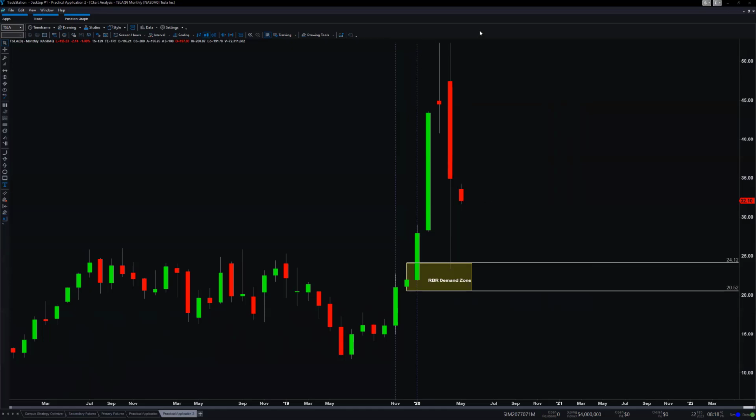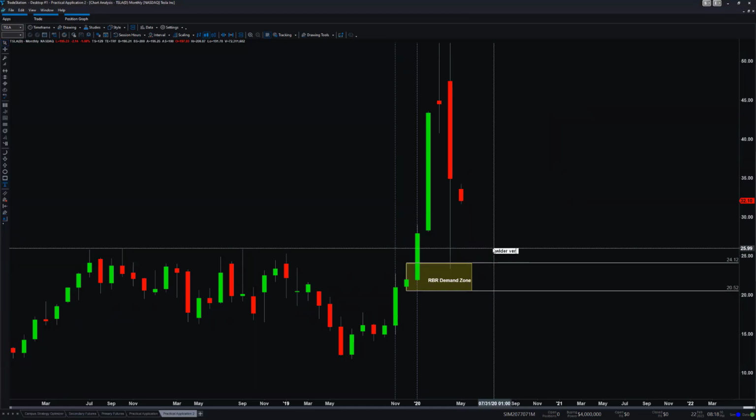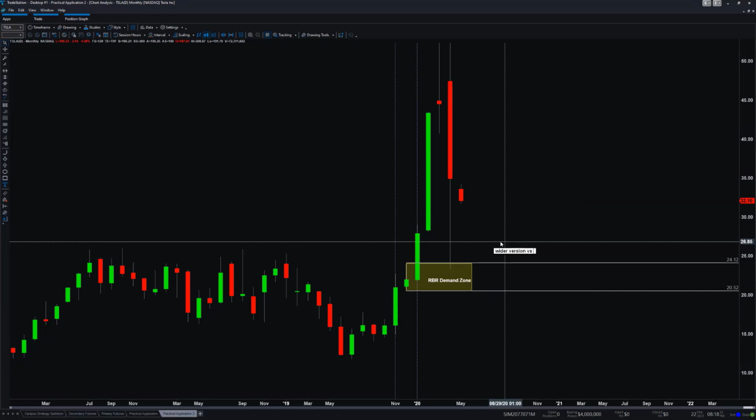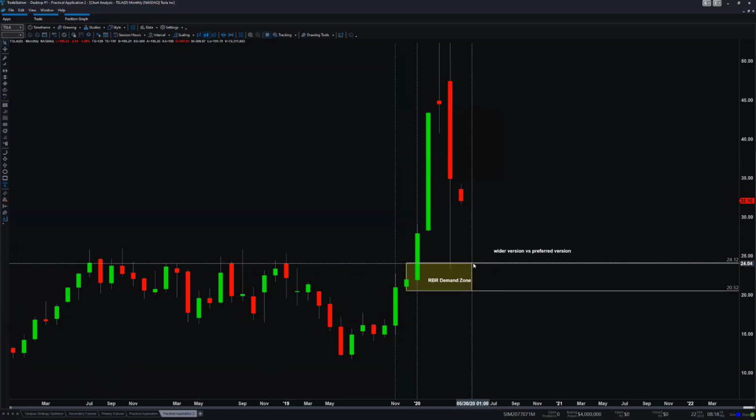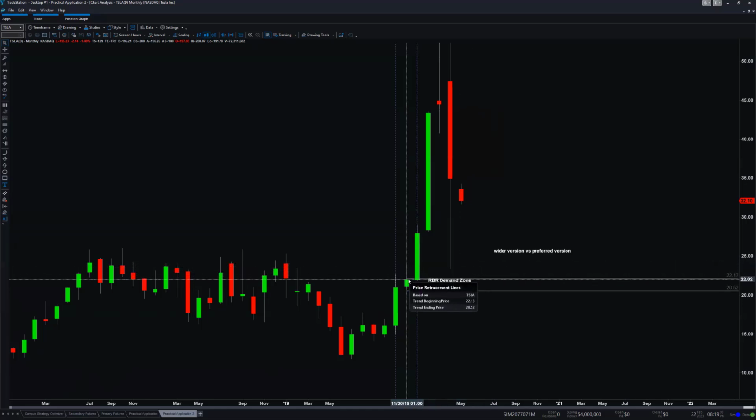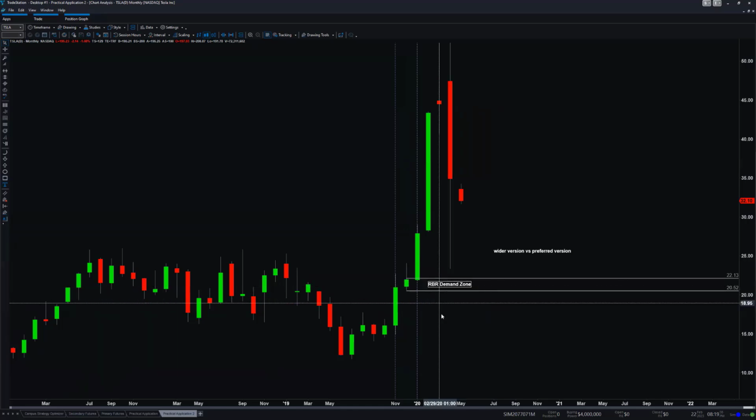Now, what's interesting to see in this case is this is the wider version. And if we had put our line around the preferred version, right here, the issue would have been that price never got into the proximal of the demand zone, $22 mark, right?